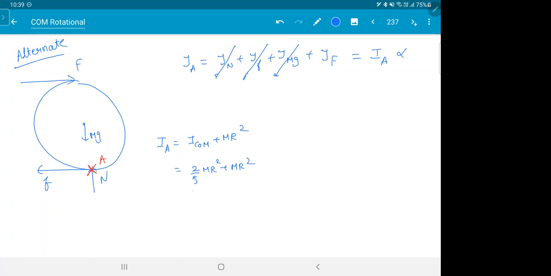So that is one additional step you will get: 7 by 5 mr square. What is the torque here? Look at the perpendicular distance from A to F. So F into 2R is equal to 7 by 5 mr square alpha. We get alpha will be 10F by 7mR. What is the acceleration? R alpha, 10F by 7m.